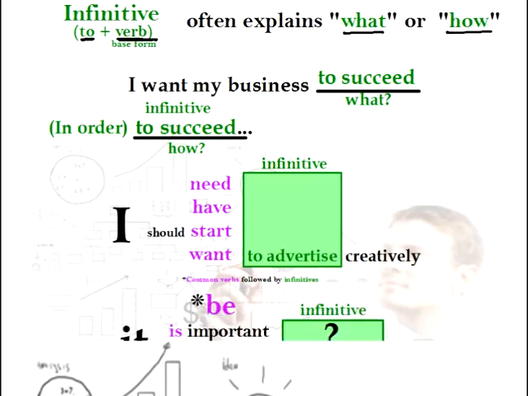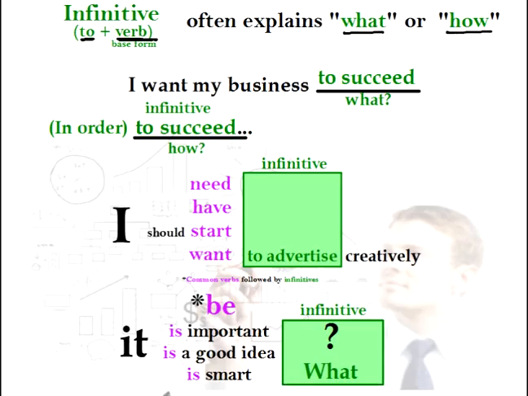Again, let's look at another verb that we often use with the infinitive, and that's the verb be. If I think, in order to succeed, it is important, or it is a good idea, or it is smart, and then again, what? What am I talking about? Again, I'm going to use the infinitive.